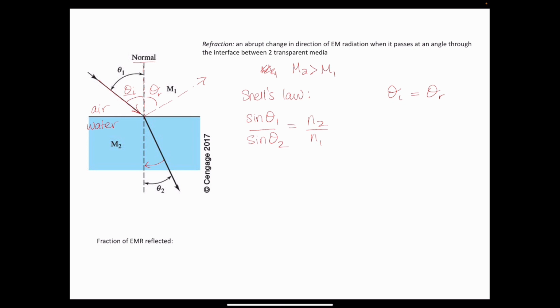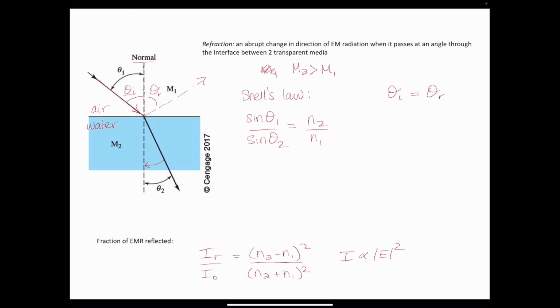Now, the fraction of electromagnetic radiation that is reflected is given by this equation. Where I_R is the intensity of the reflected radiation and I naught is the incoming intensity of that radiation, where the intensity is proportional to the magnitude of that electric field of the wave squared.